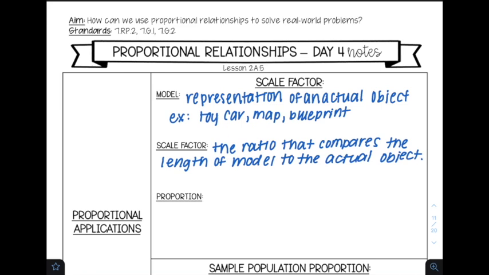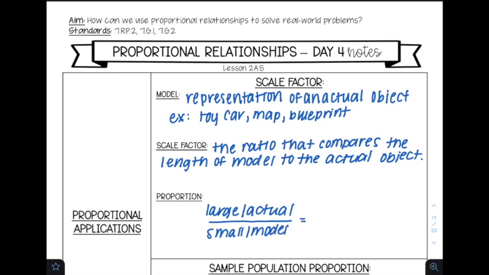The proportion would be the larger length, or we can say the actual, the large or actual, over the small or the model.